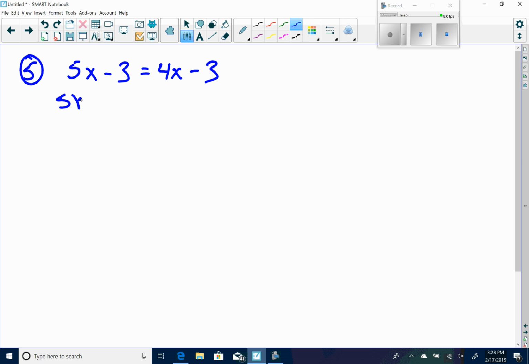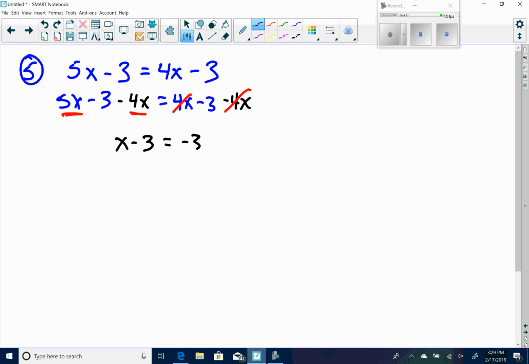So I'm going to have 5x minus 3 minus 4x equals 4x minus 3 minus 4x. So again, these 4x's will cancel out. Over here on the left side, 5x minus 4x will leave me with an x and x minus 3.